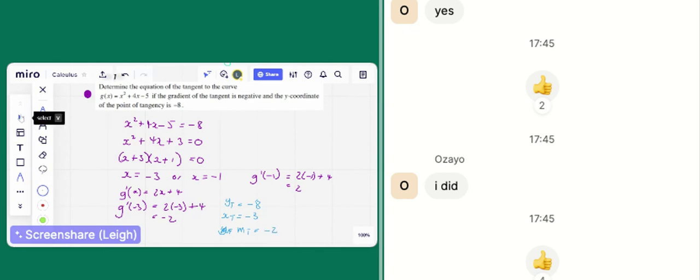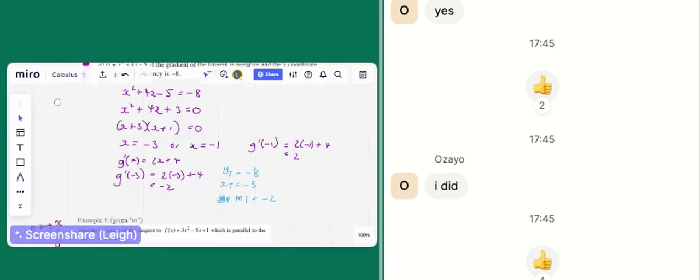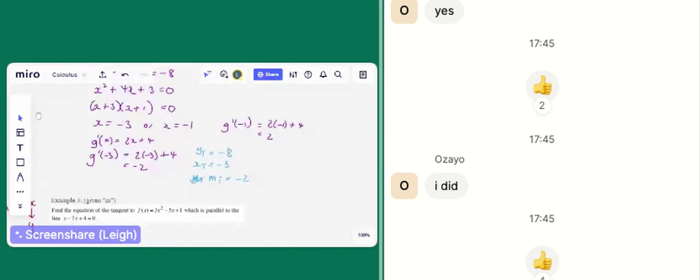So now when we want to put all of these together to get the equation of a straight line, let's just do this quickly and then we can move on to the next one. We would have ended up with -8 is our y, gradient -2, x -3, plus c. So this is going to give us +6 on this side, so -6 from this side, -6 from the other side, and that would have been -14.